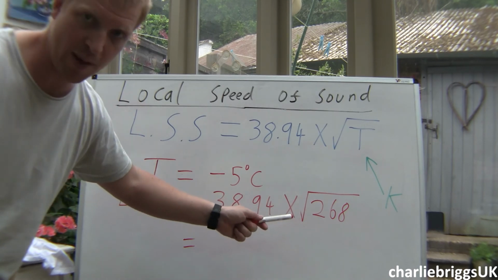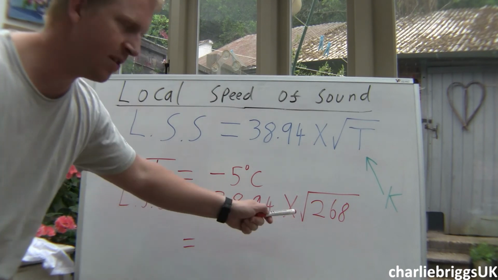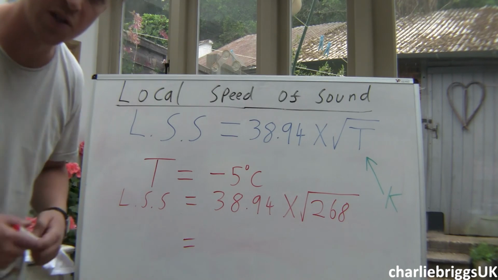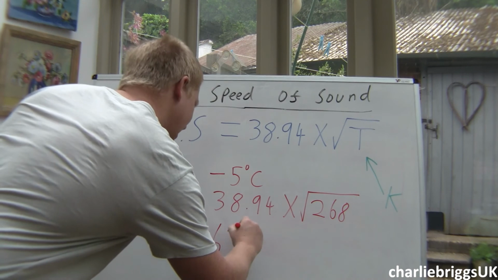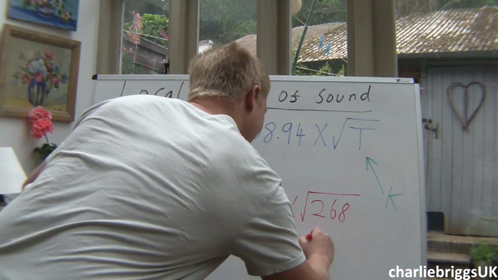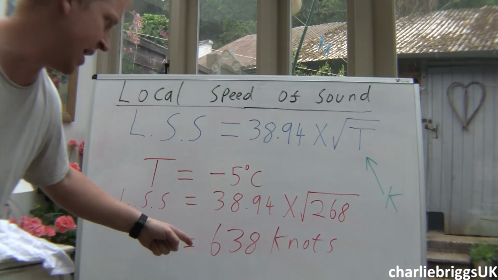So this is Kelvin. Remember, 273 minus 5 is 268. And the answer is 638 knots. So look, it's slower, it's a slower speed.